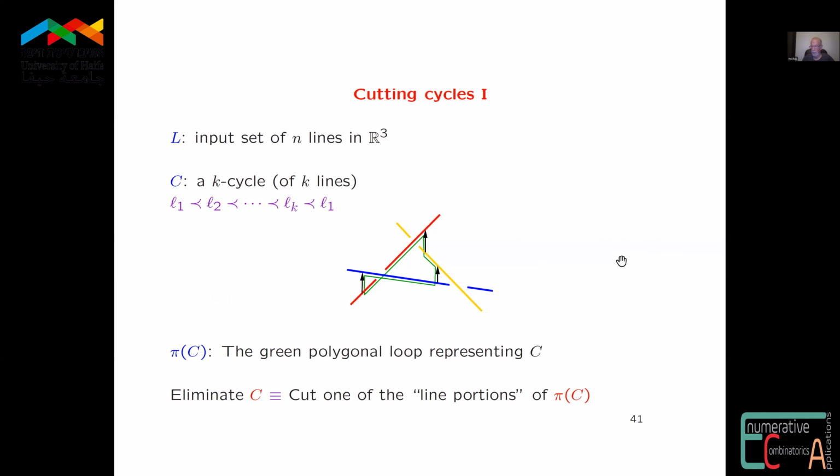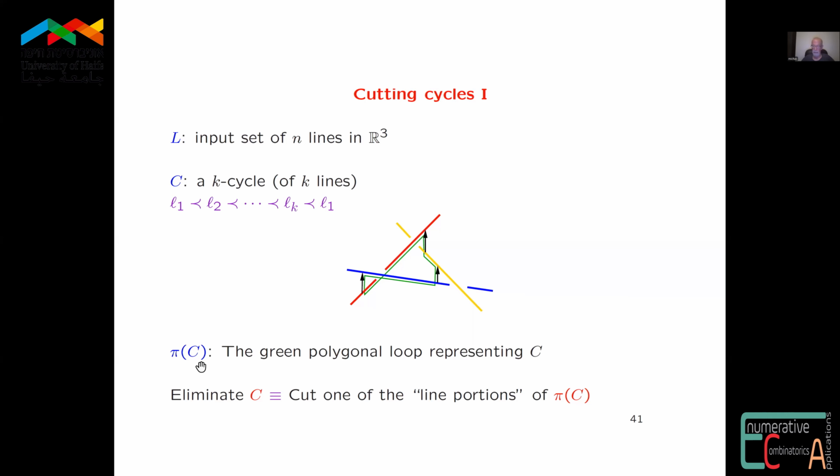We start on one of the lines, walk along it until we get to a point where we should jump vertically to the next line. We start on the blue, we go here, jump up to the yellow. We walk along the yellow until it's time to jump up to the red. We go along the red until it's time to jump back up to the blue, and that gives us the physical loop that represents the cycle, which we denote by pi of c.